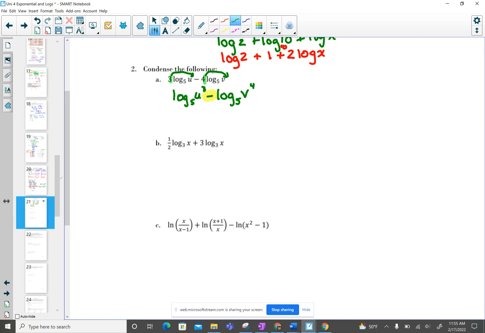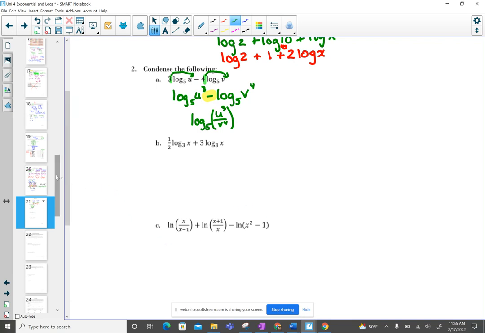Subtraction when it's expanded would be division when it's condensed. So this would just become u cubed over v to the 4th, and you'd be taking the log base 5 of that.